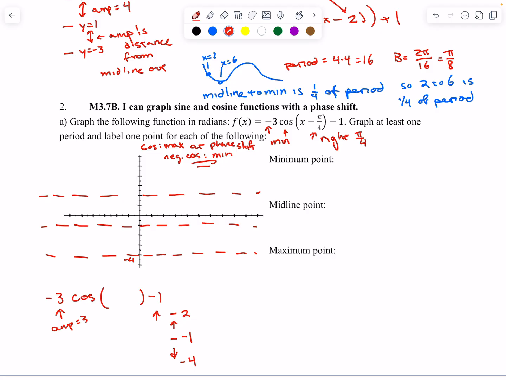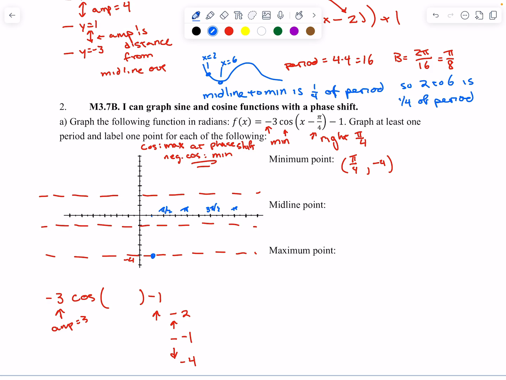Again, negative cosine gives you a minimum point. So right pi over 4 down to the minimum height. Midline point, so negative pi over 4. I'm going to graph these with pi over 2, pi, 3 pi over 2, and pi. So that means the bigger hash marks are at 1/4 of the period, at the phase shift, right pi over 4, and I'm at the minimum point.